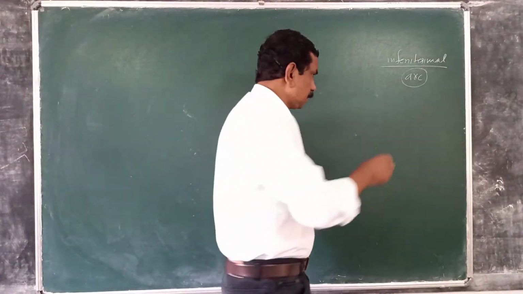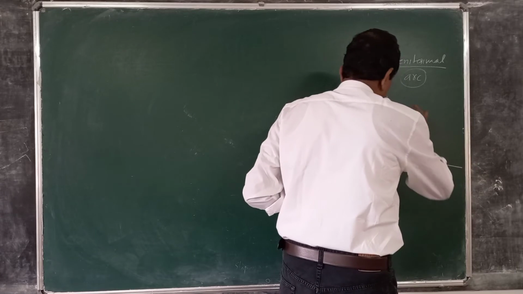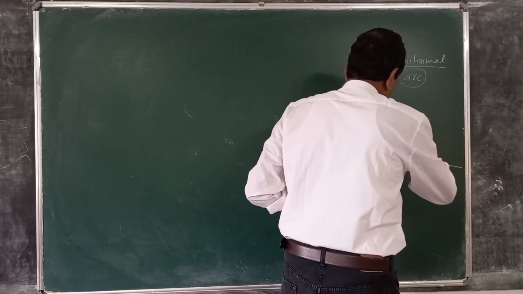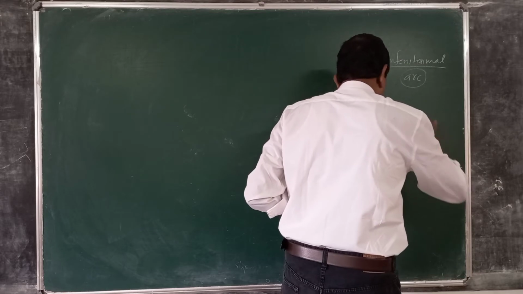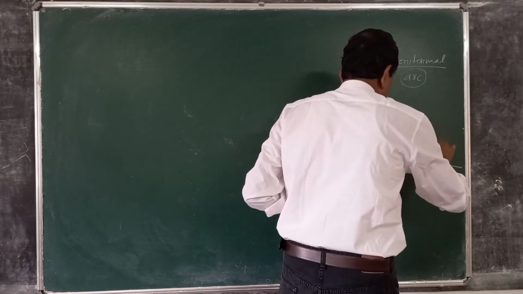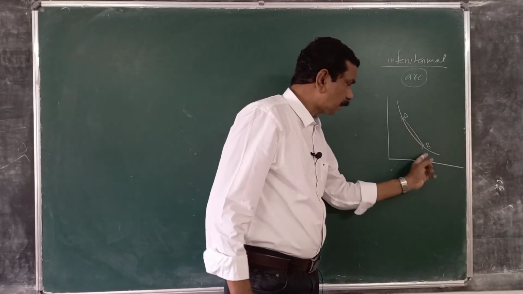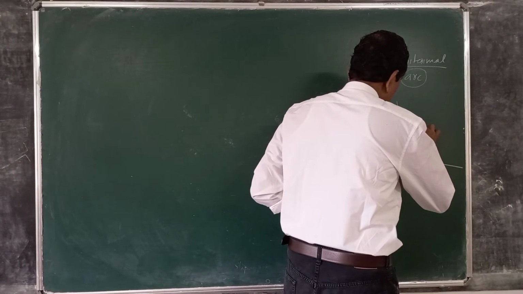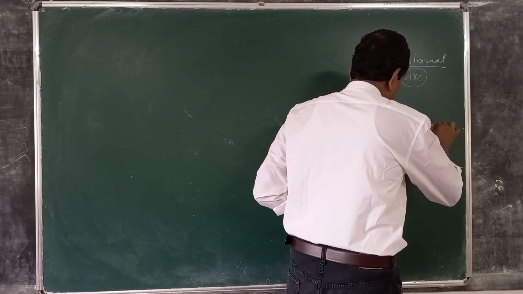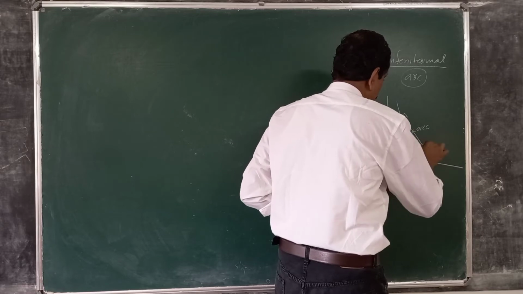To explain this, consider a demand curve like this. Consider 2 points A and B, and suppose that you connect these points with a chord and measure the elasticity at the midpoint of the chord connecting these 2 points.